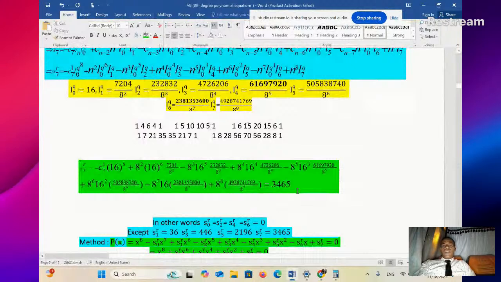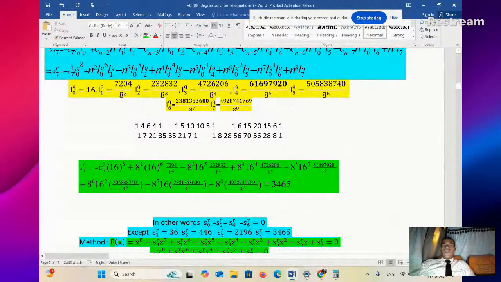Now I can make a conclusion: we find S minus 1, which is 1, S0 is 0, S1 is 446, S2 is 0, S3 is 2196, S4 is 0, S5 is 2196, S6 is 0, and S7 is 3465.